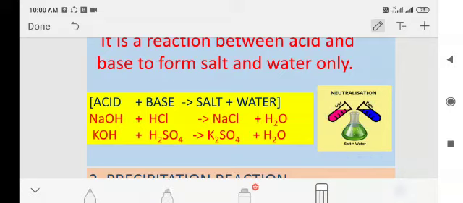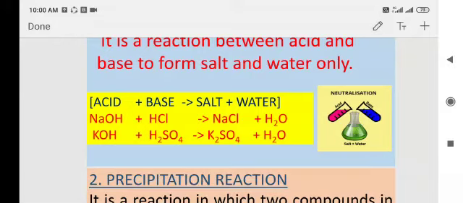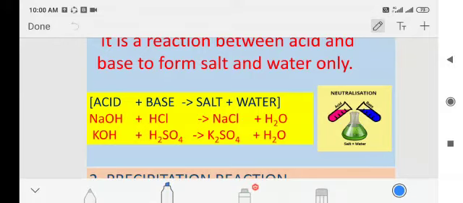Two reactions I have given as examples here. In the first example, you will see sodium hydroxide is reacting with hydrochloric acid and forms NaCl and water. Let us see how double decomposition takes place in this. Sodium is combining with chlorine.